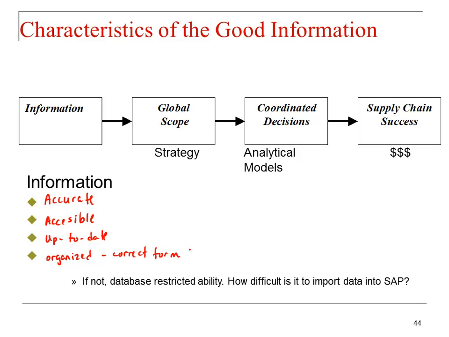So having the information, let's say a table of, I don't know, a million data points, would not give you a lot of information about your company. But if you can organize that data in a table or somehow so that you can get the right information from this tool, then that will be more helpful.